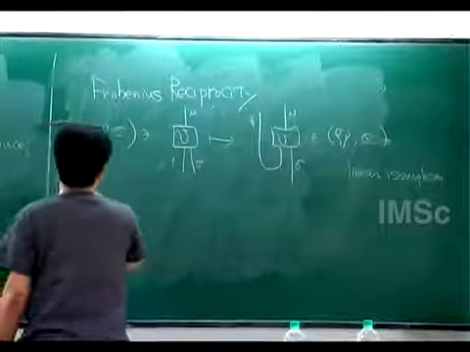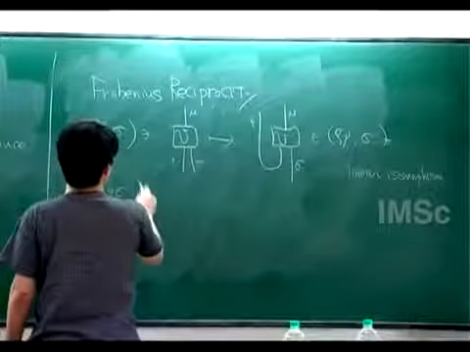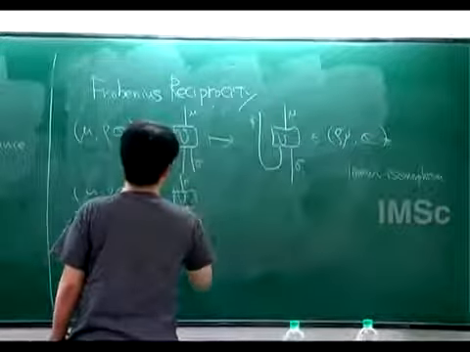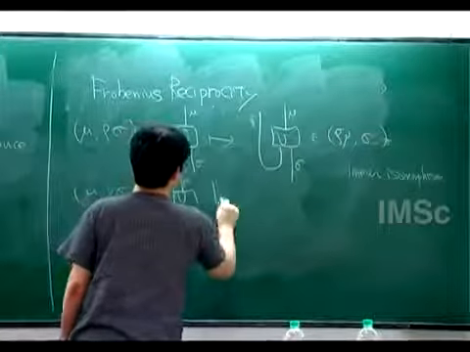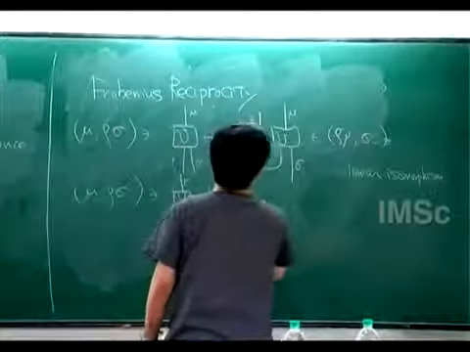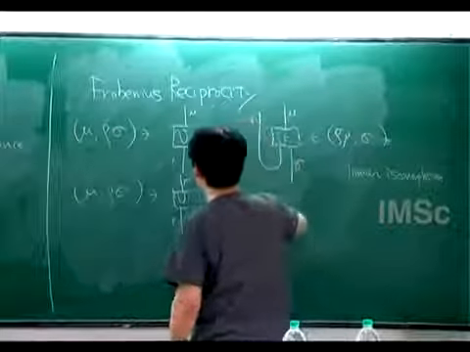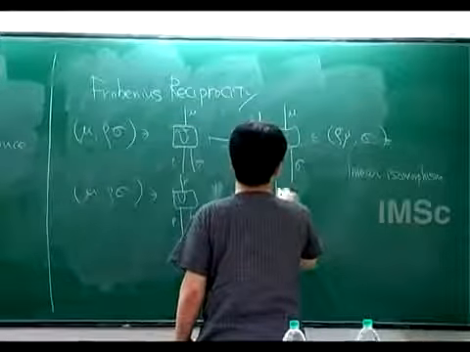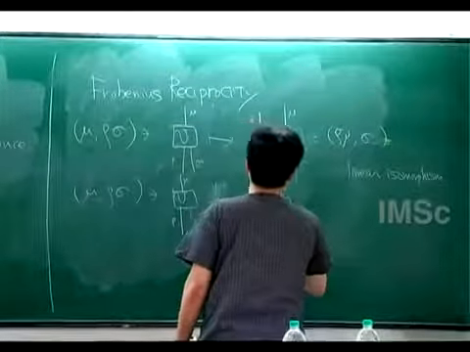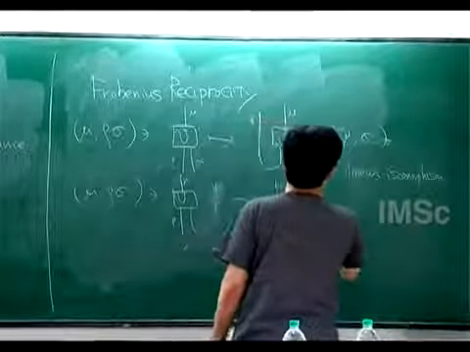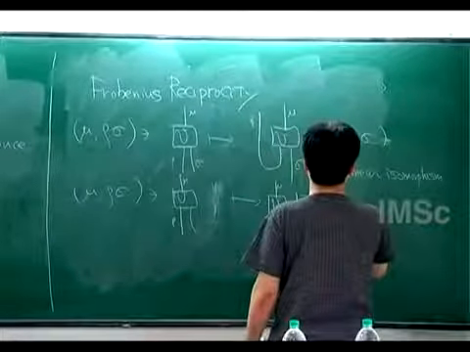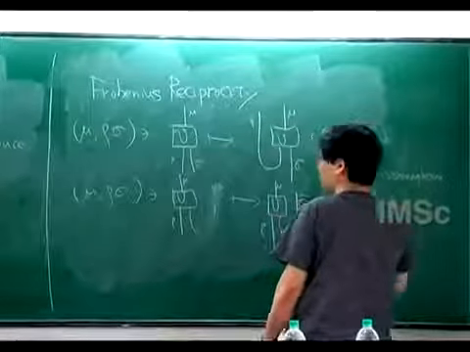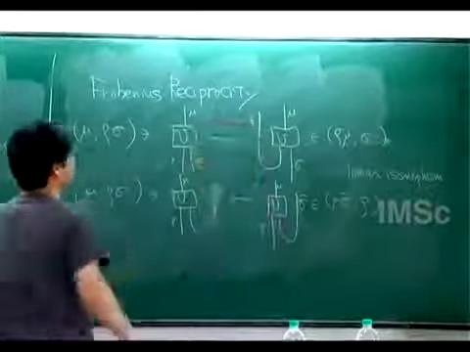And the same thing is true the other way. Sigma goes to mu sigma bar. These are linear isomorphisms because there is an inverse operation.